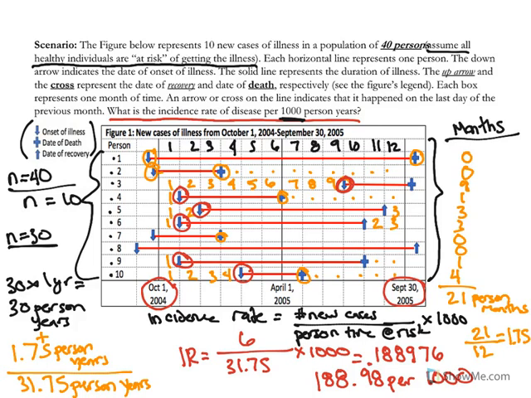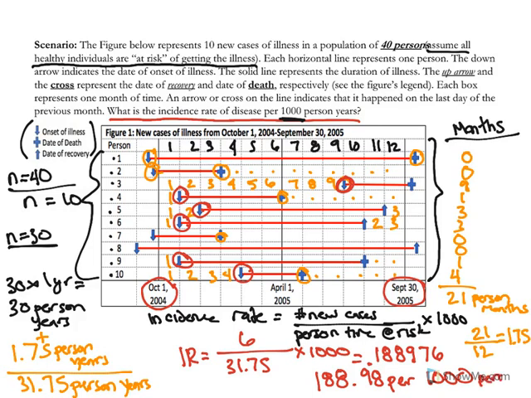So that is now our incidence rate for this particular population, and we would expect that there would be 188.98 new cases of disease during this time period for every 1,000 person years of follow-up in our population. So this now gives us the number of new cases that we would expect to see depending on the amount of time that we follow up our population and the number of people in our population, and that's indicated by that number of person years.